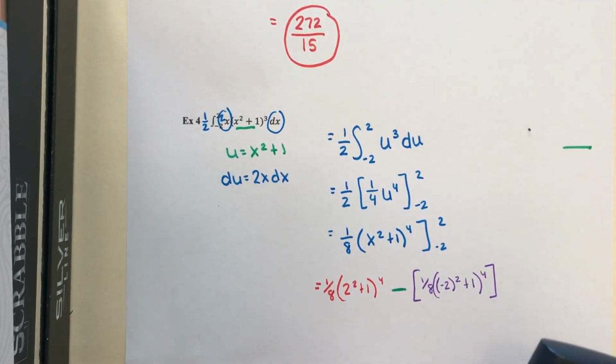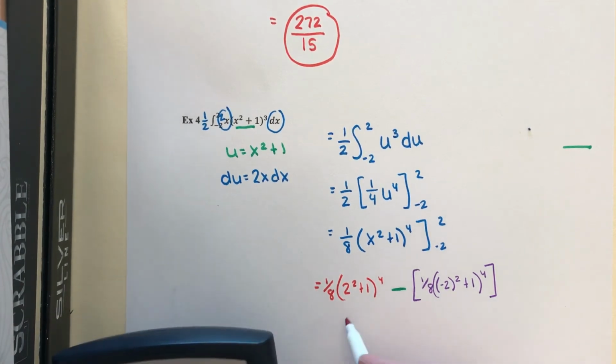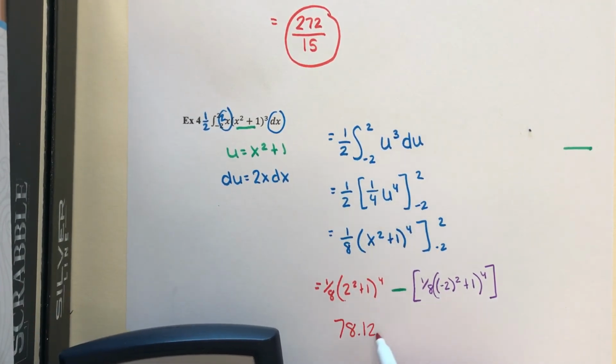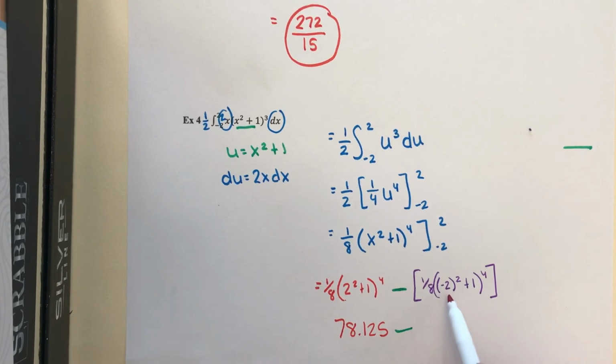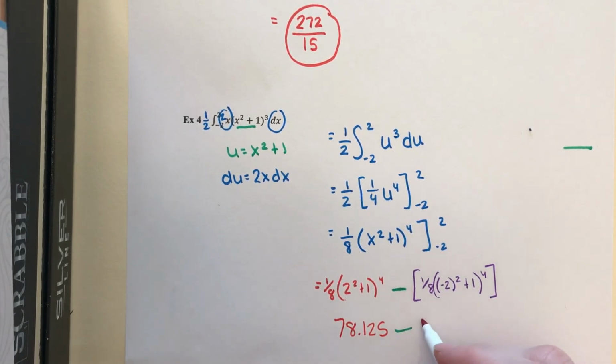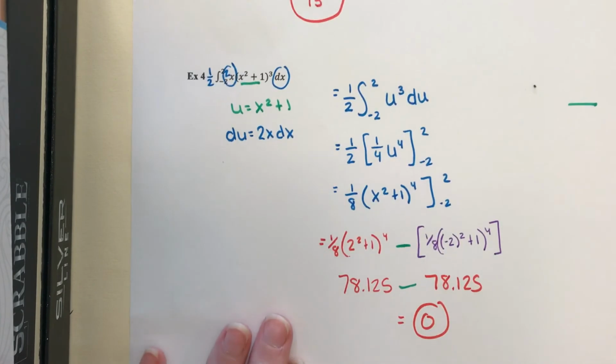And you can check your answer here in a minute, but let's see, we've got 5 to the 4th power divided by 8 gives me 78.125 minus, now over here, I also get 5 to the 4th power divided by 8, so I get the same answer back. So for this one, our final answer is 0.